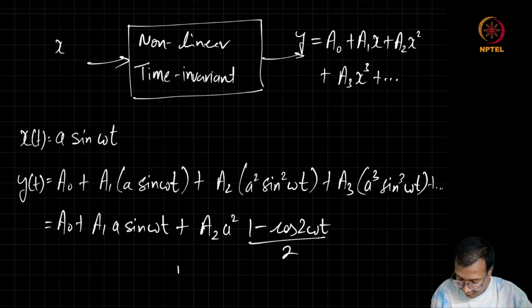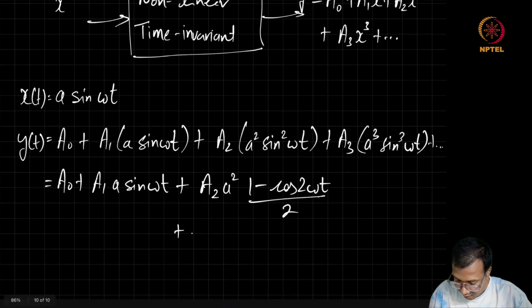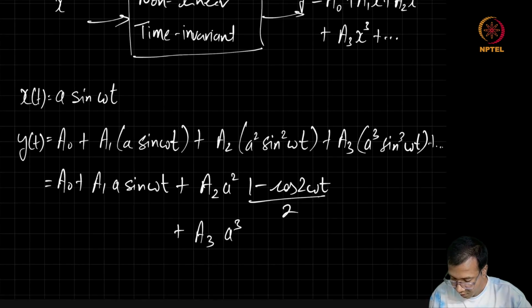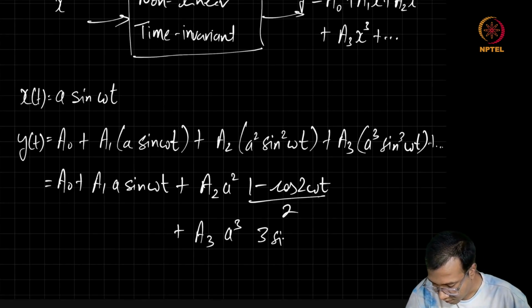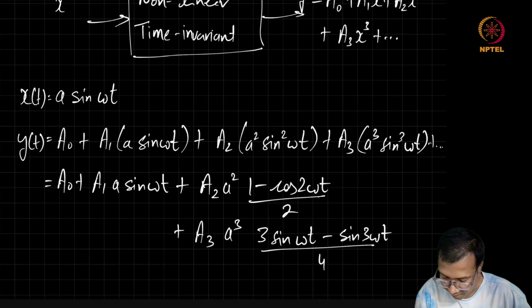And similarly, we can write the cubic term as a3 A cubed, and using the trigonometric identity for sine cubed theta, we can write sine cubed omega t as (3 sine omega t minus sine 3 omega t) divided by 4.